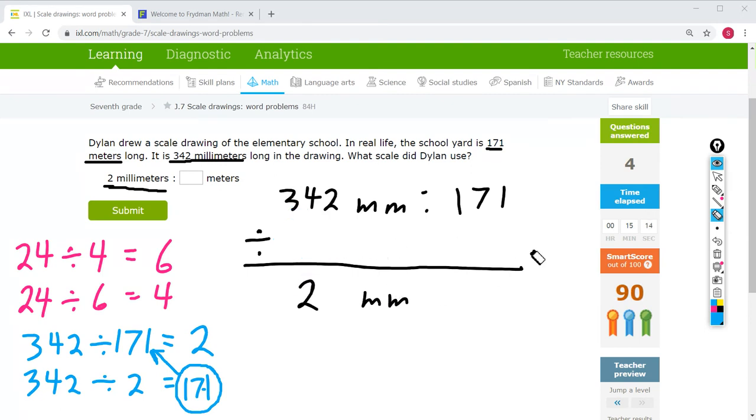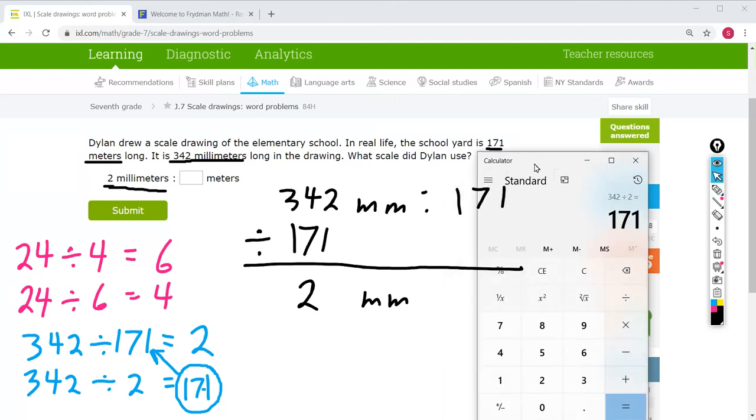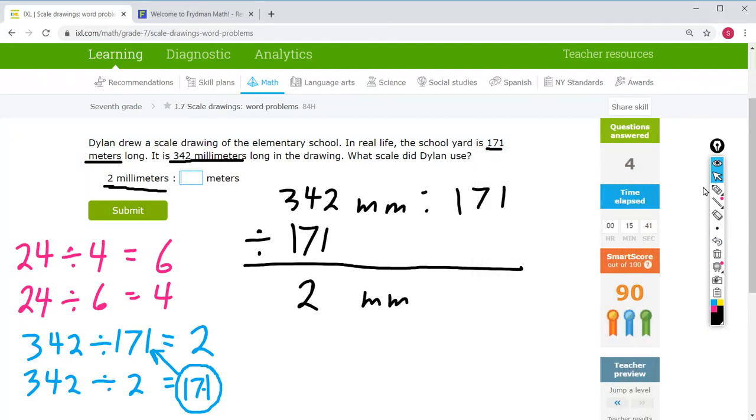So if I want this 2 here, that means I should take 342 and divide it by 171 to get that 2. And we can just check that in the calculator very easily. 342 divided by 171 is actually equal to 2. So that works. So now we know that we should be dividing both sides by 171.